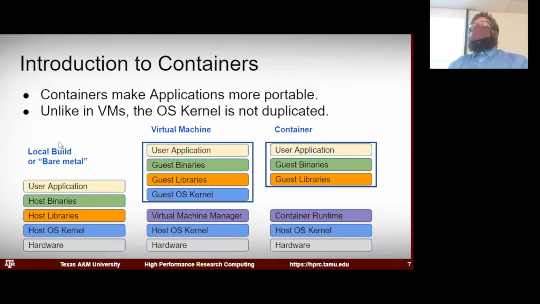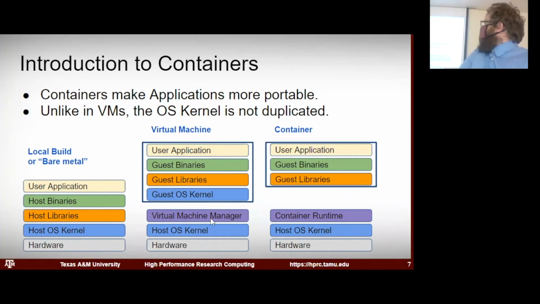Now, if you don't own the machine, then you probably don't have much control over the operating system. So you might say, I'm going to try to separate my part of this from the part I don't own. So in the second column, we have what's called virtual machine, where you bring your own operating system and install everything on top of it from there.